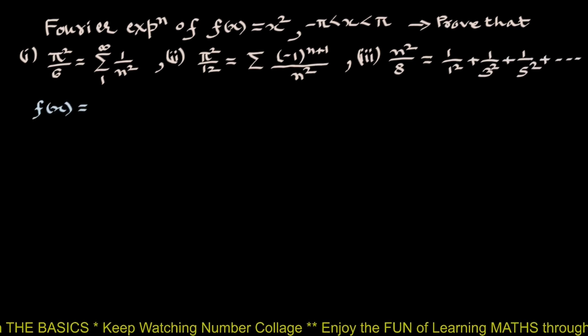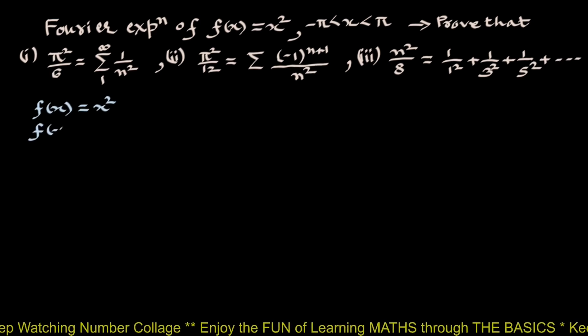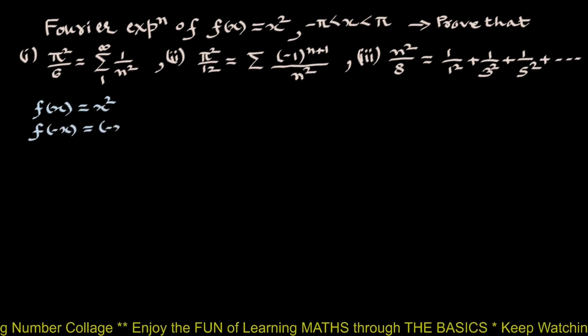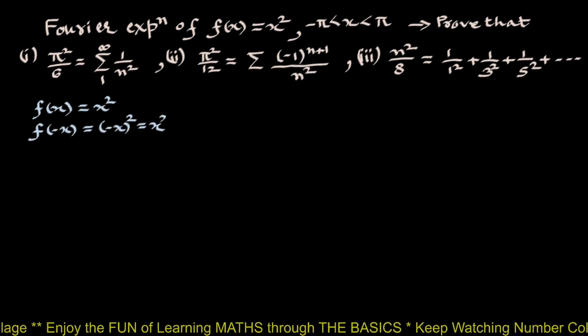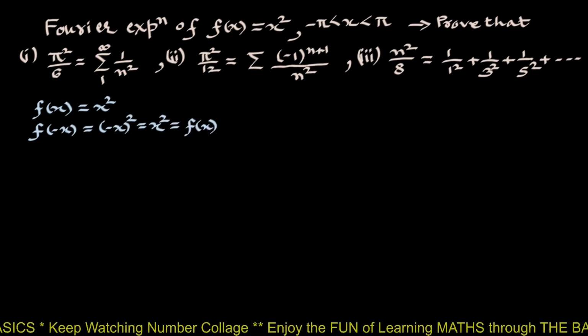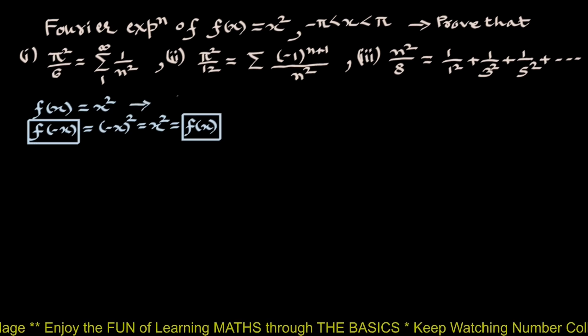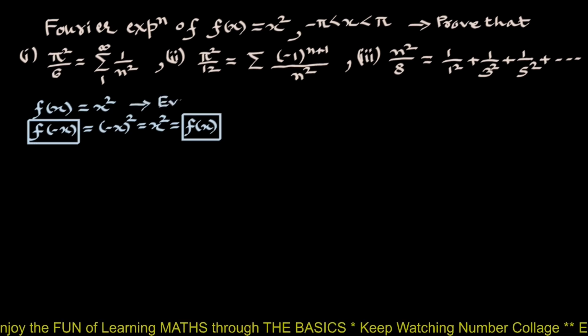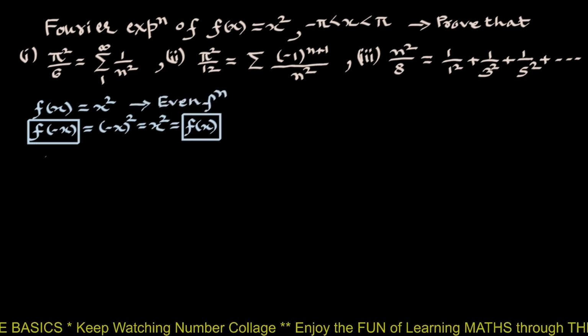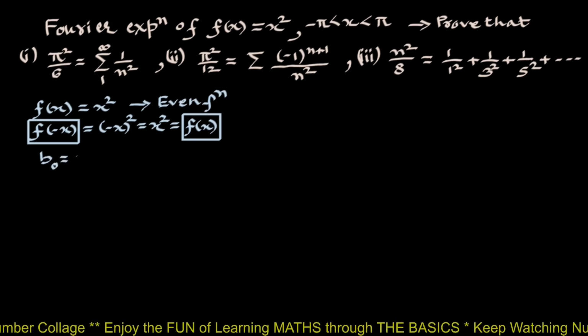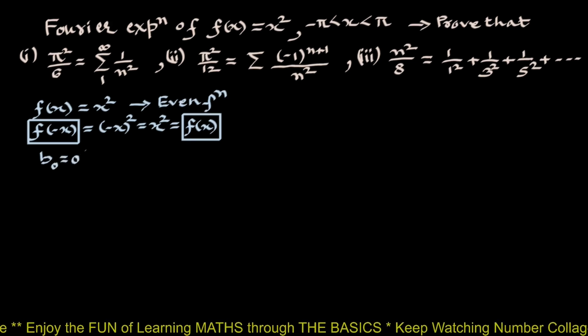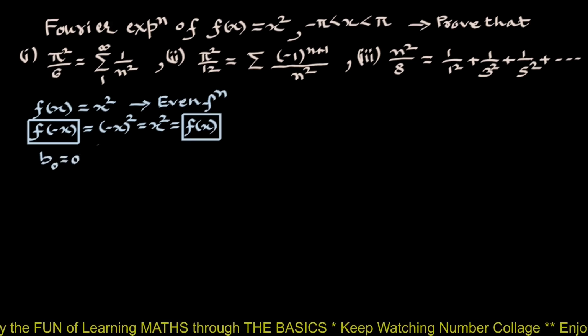f(x) equals x square. f(minus x) equals minus x whole square, which is x square, which is f(x). Since f(minus x) equals f(x), x square is an even function, and like we have seen earlier, Fourier coefficient b_n will be 0. So we have to find only a0 and an.